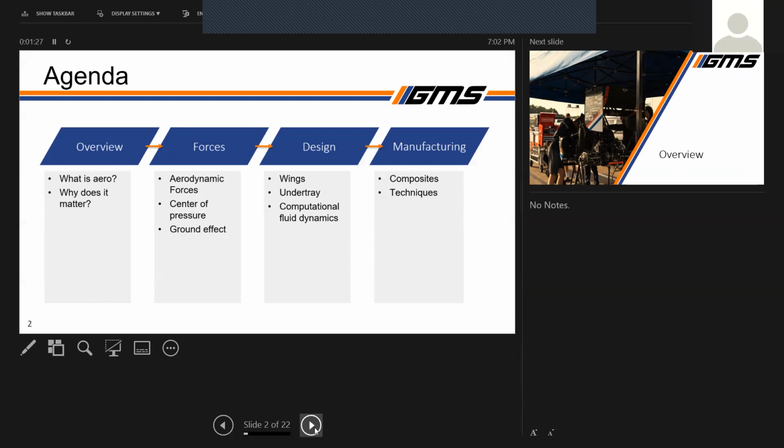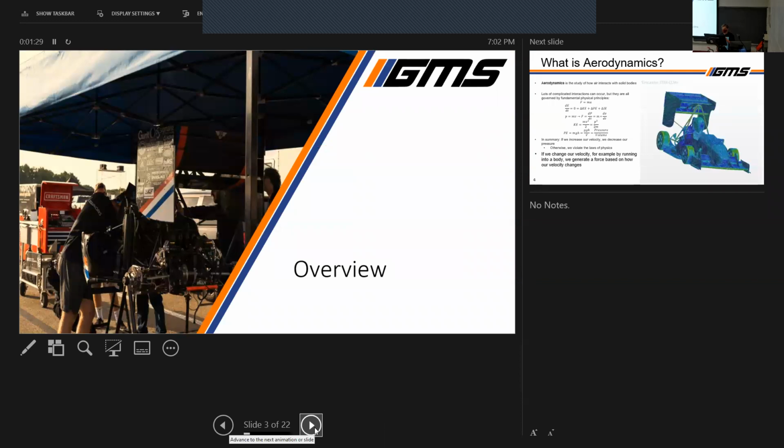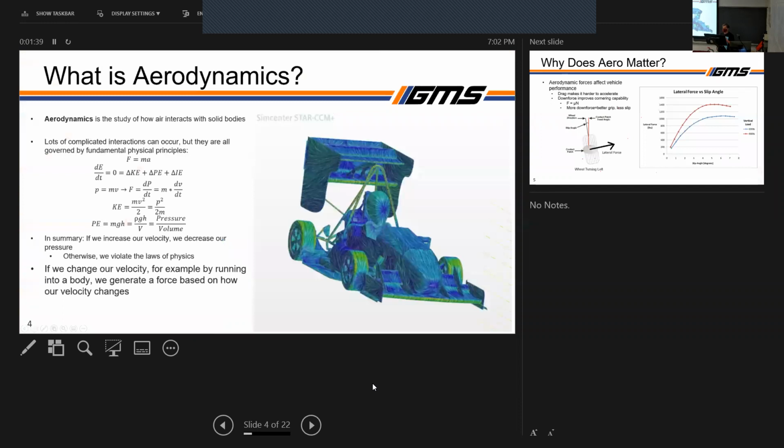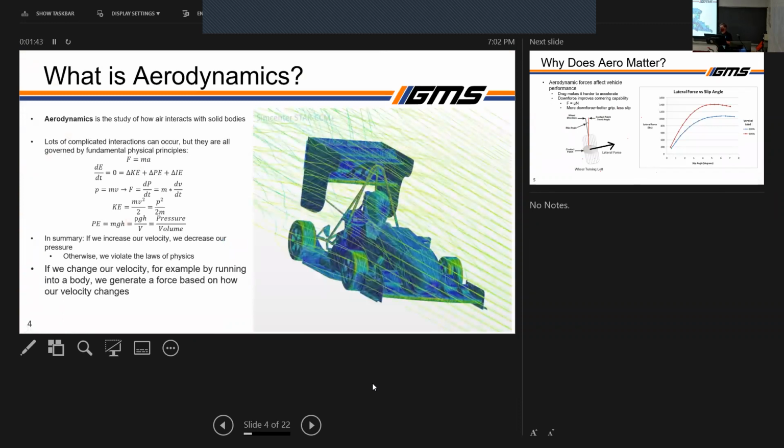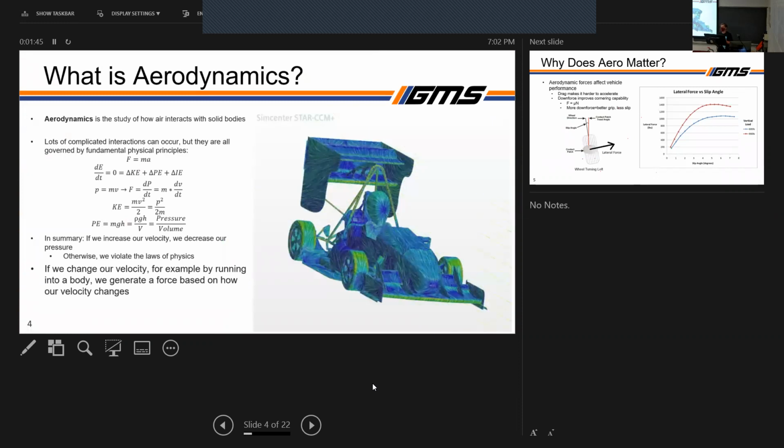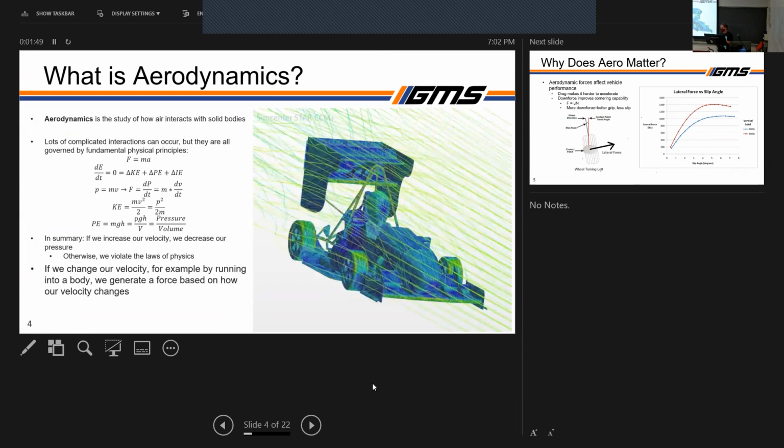So I'll start by giving you a brief overview and review of what aerodynamics actually is and what it means. Aerodynamics is really just the study of how air interacts with solid bodies. It could be a car, it could be a block, it could be a potato.